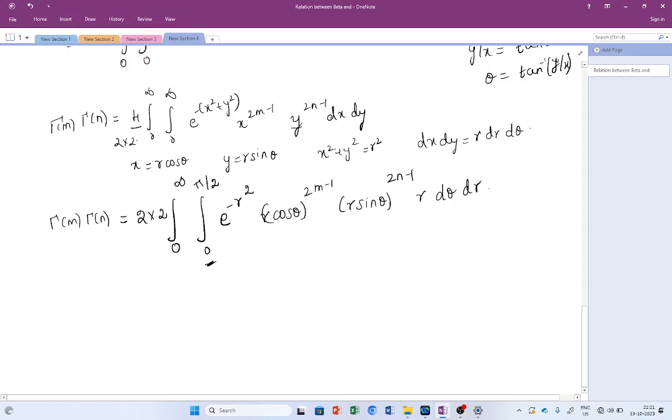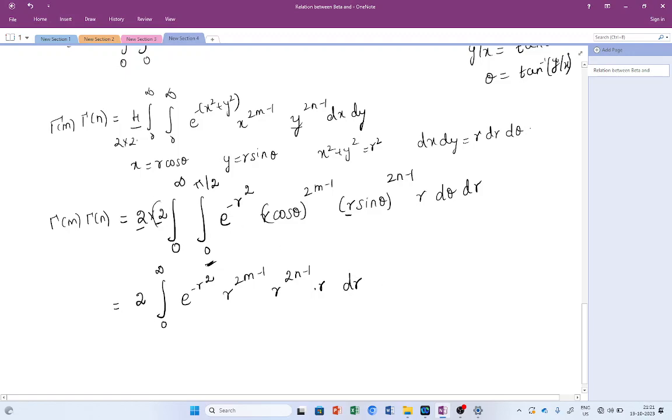Now what I do is I just split the r terms together and theta terms together. While splitting, I split the 2 also separately for the r terms and for the theta terms. So first for the r terms, it is 2 into integral, the limit for r is 0 to infinity, e power minus r square, r to the power of 2m minus 1, r to the power of 2n minus 1, into r into dr. Next all theta terms.